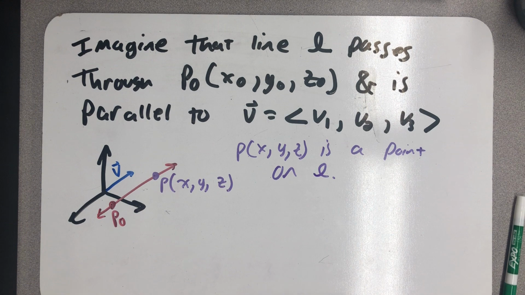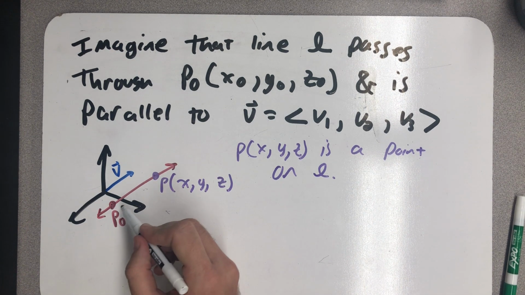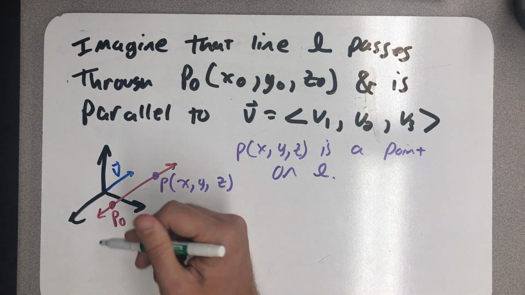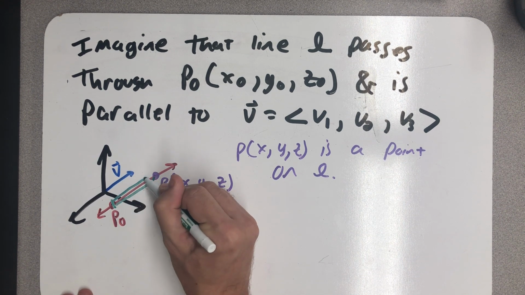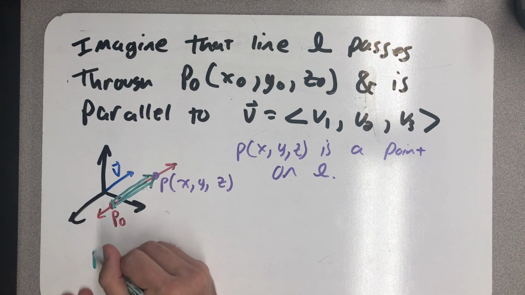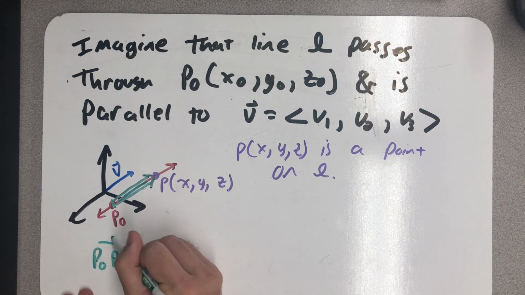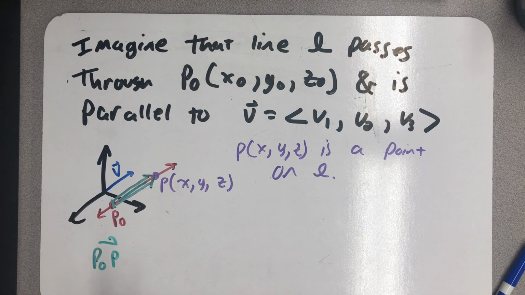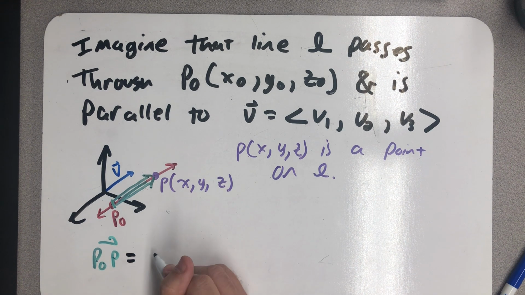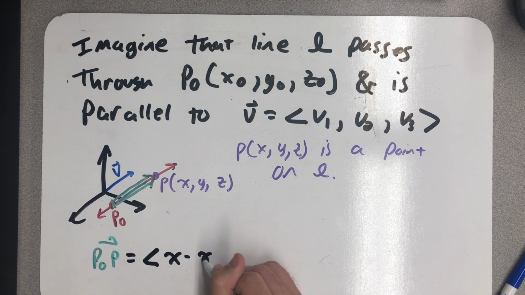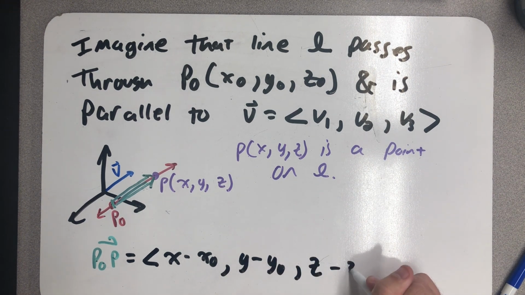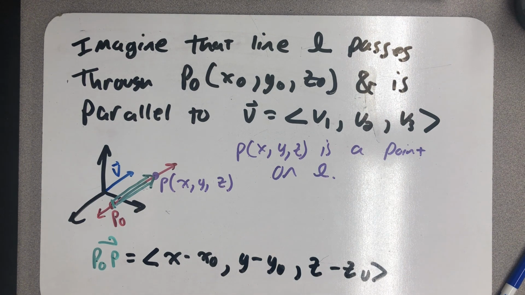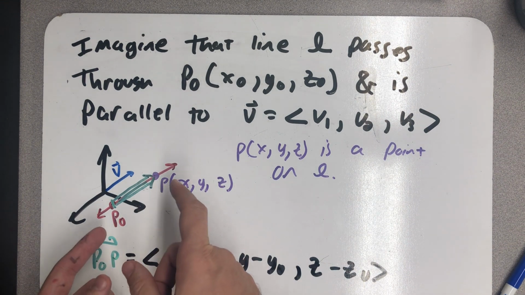Well, I can think about a vector that goes from P naught to P, and I could actually write down components for that vector. That would be the vector x minus x naught, y minus y naught, z minus z naught. So that vector is also parallel to my line. Now it looks like it's on my line.